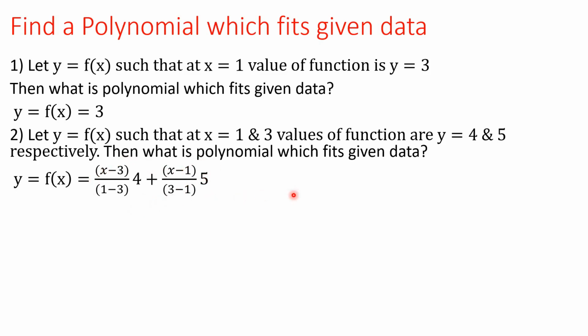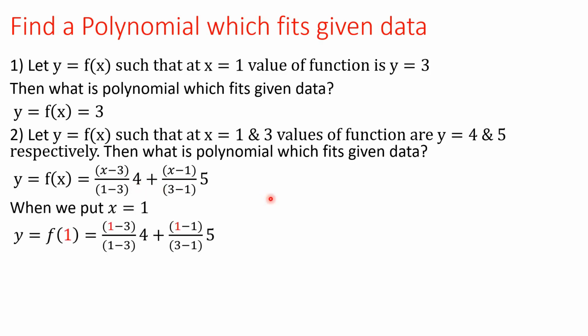So when you are putting x is equal to 1, you can see the second term vanishes. When you put x is equal to 3, the first term vanishes. And one more condition is, when you put x is equal to 1, this numerator upon denominator should be equal, so that we get 1 here, and we can put the output value that we want here, which is 4. So this is how this function is designed.